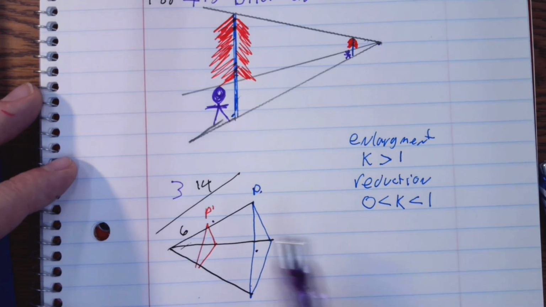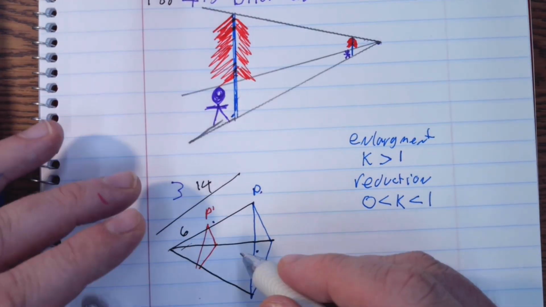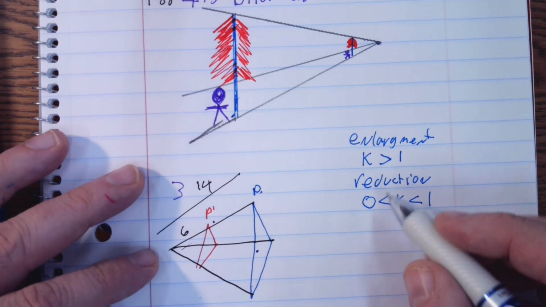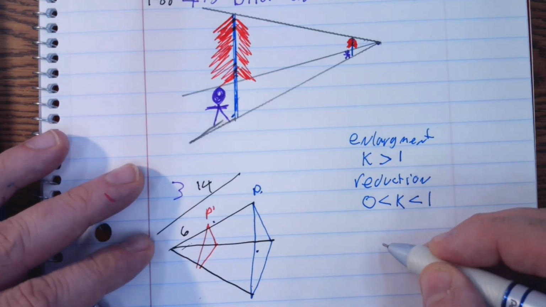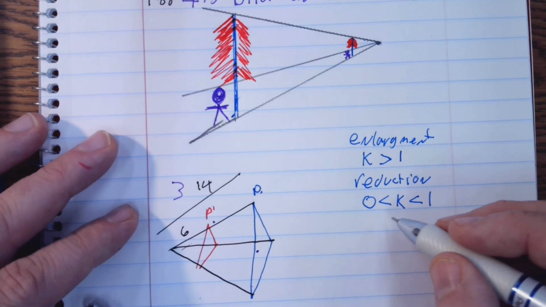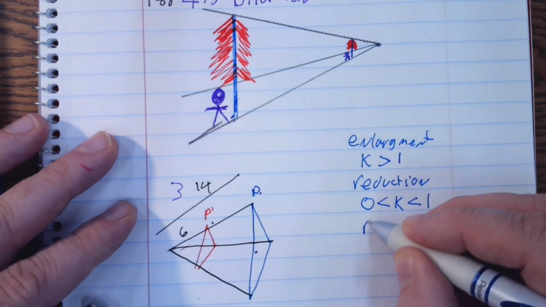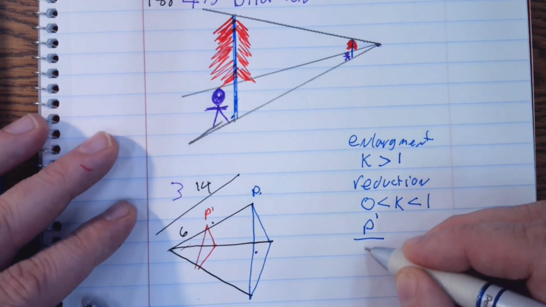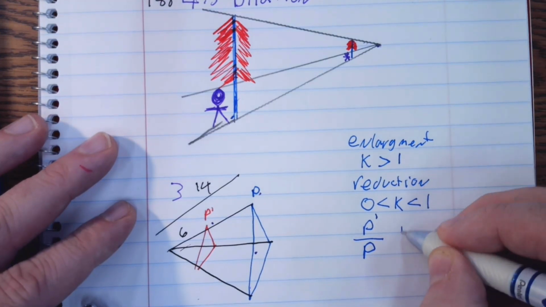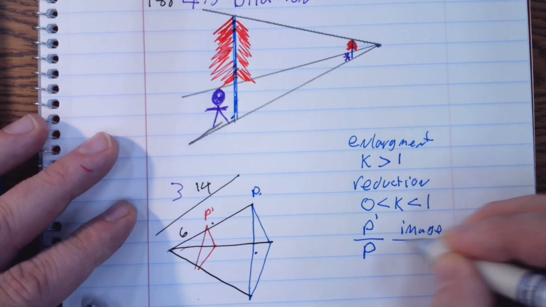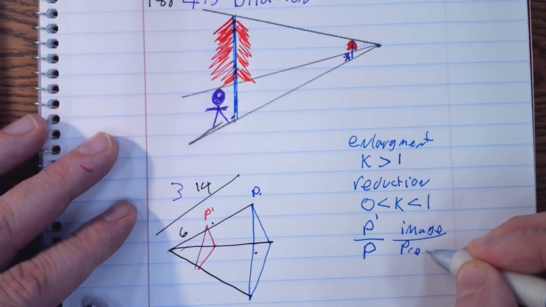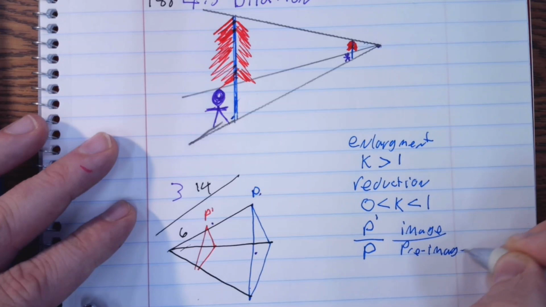Okay, I probably need to give you a formula. When you're doing the scale factor for this, you're going to do the image, in this case I'll call it P prime, over the pre-image. So image over pre-image, and that should give us our scale factor.